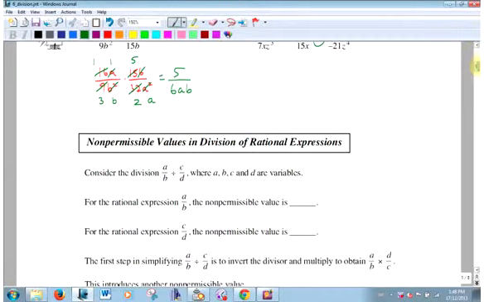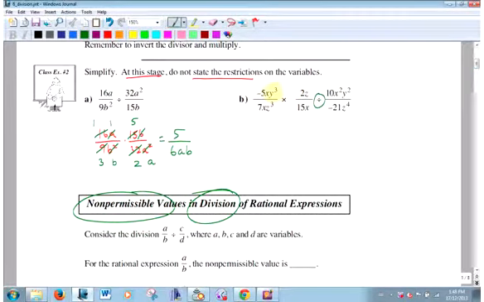Now, non-permissibles, you know you can't have them in the denominator. It's fine if you have them in the numerator. This thing could be 0 divided by something, right? I just can't have a 0 in the denominator. But what happens here when there's a divided by? This can't be 0, can it? Because it's a denominator.